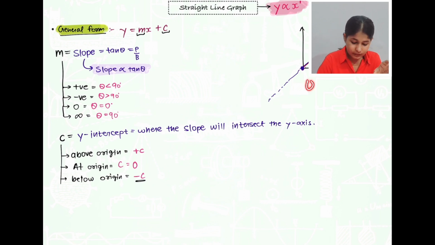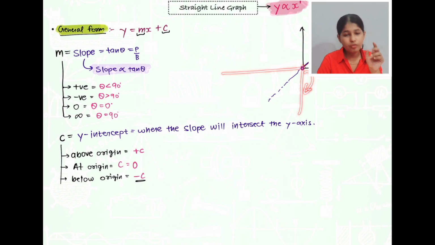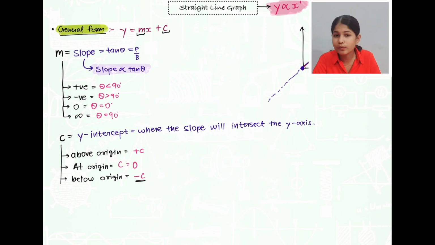So it means c is equal to 0 as it is given here. If it is below the origin like this, then it will form a negative y-intercept, meaning minus c. When it is above the origin, it will form a positive c.